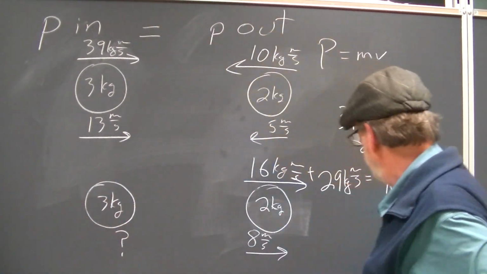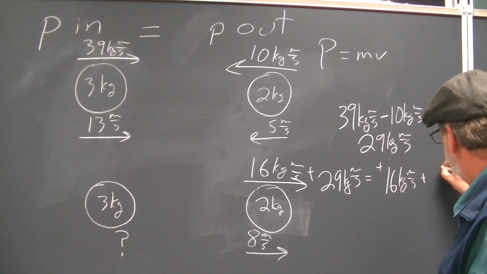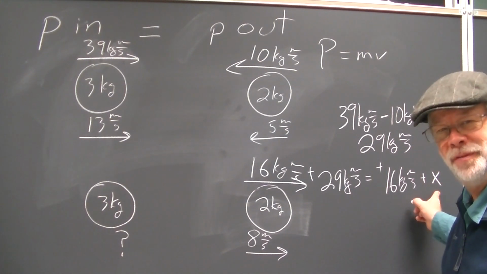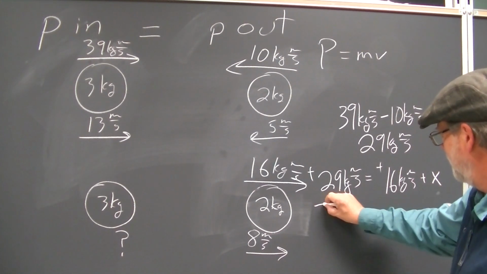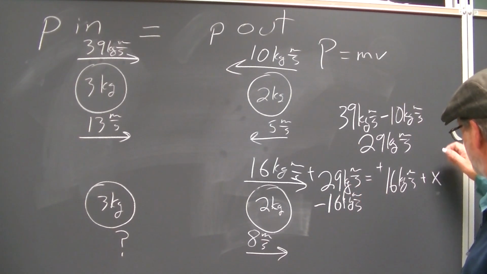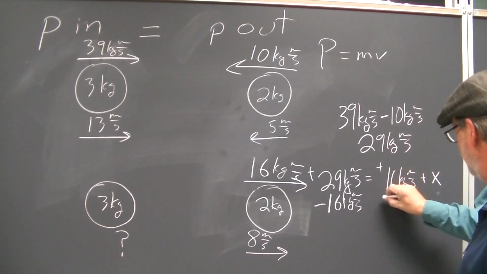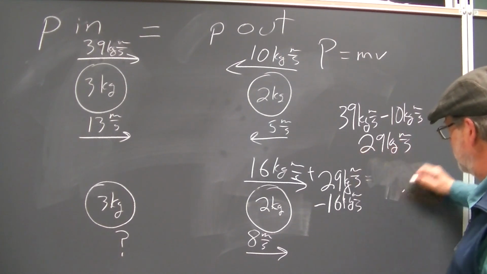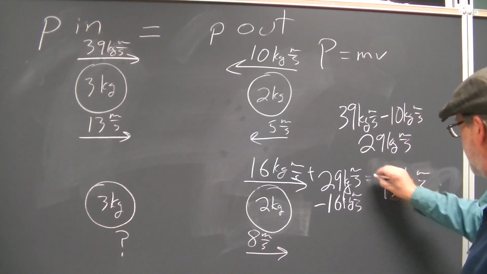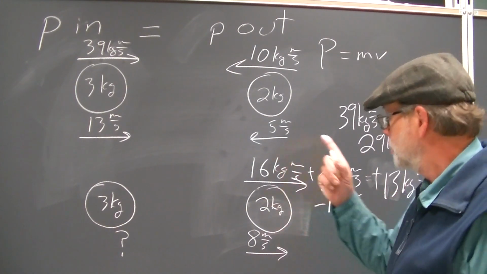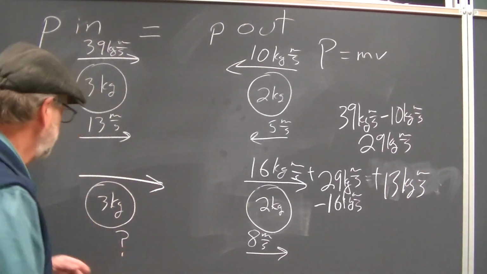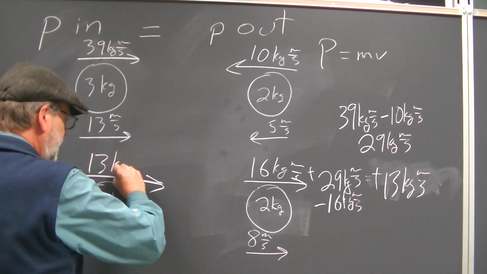What are you missing? So plus x. So how do you find the value of x? A little algebra. Minus 16 kilogram meters per second. So x must have a value of 13 kilogram meters per second, and that's going to be positive.